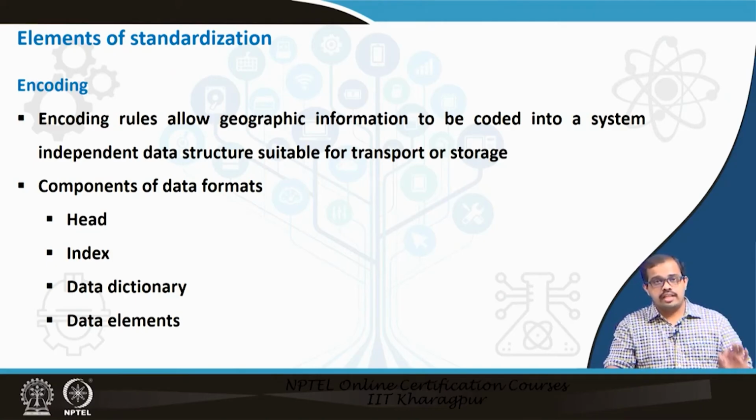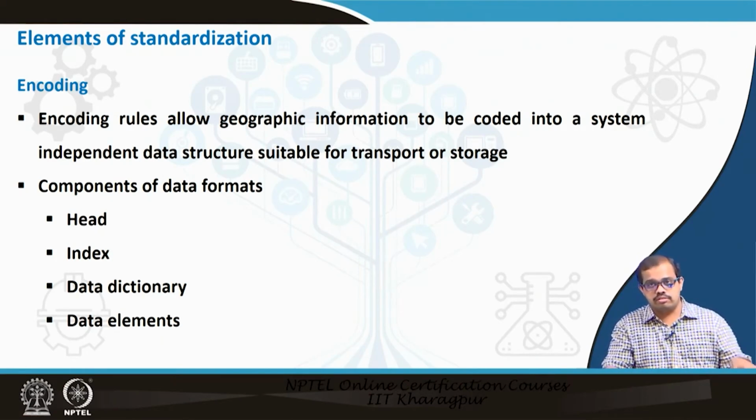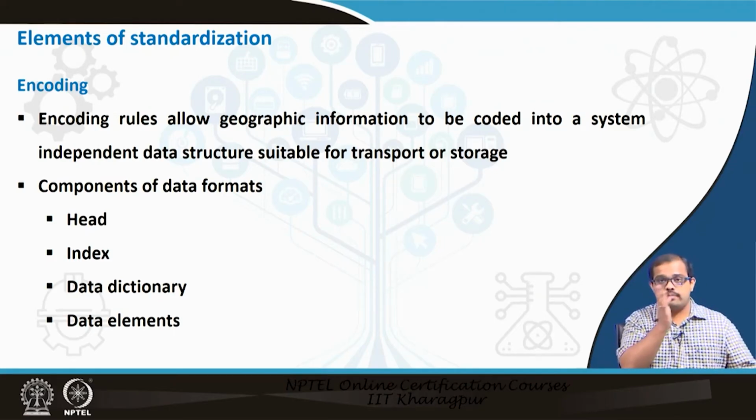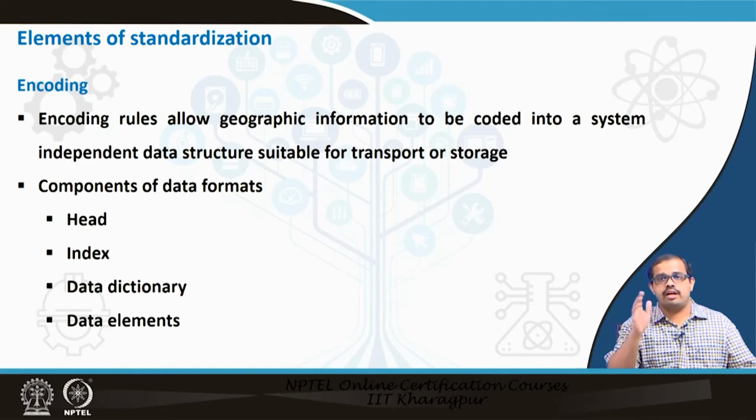Okay. So, if you see, this definition has three different parts. One is rules that allow geographic information to be coded. For encoding, you have certain rules already, as we have mentioned previously, that all of this data that is stored has to have rules for the way it is transferred.